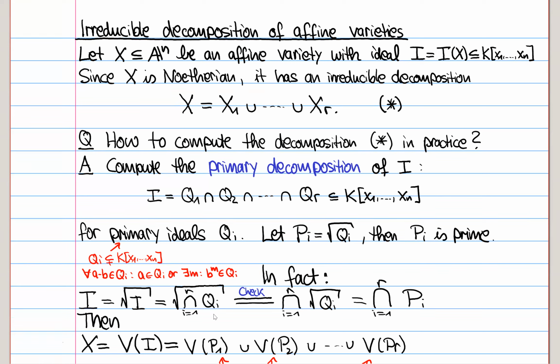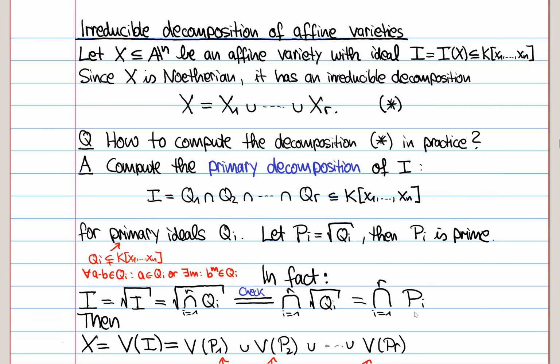It's a short lemma for you to check that the radical of such a finite intersection is the same thing as the intersection of the radicals. But then these were given this new notation Pi, and so we can write I not just as an intersection of primary ideals, but because I is radical, we can also write it as an intersection of some prime ideals.